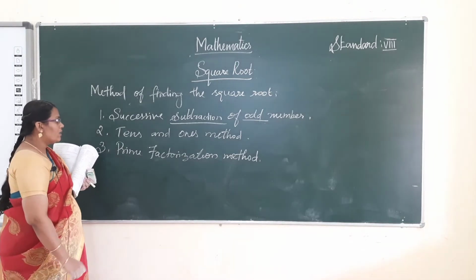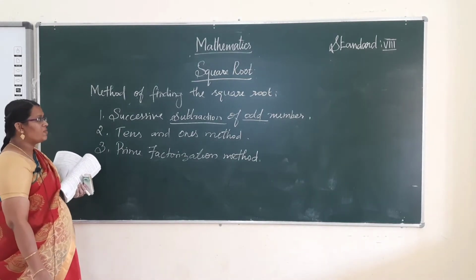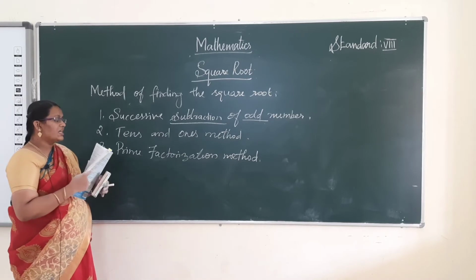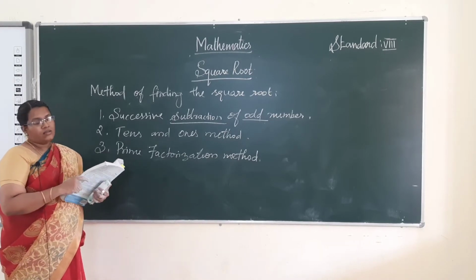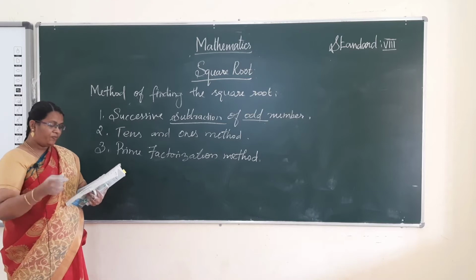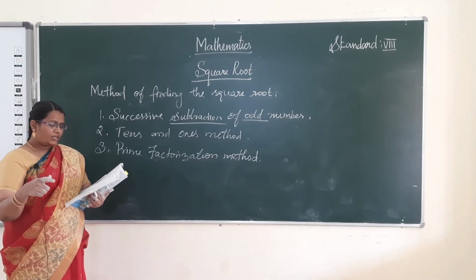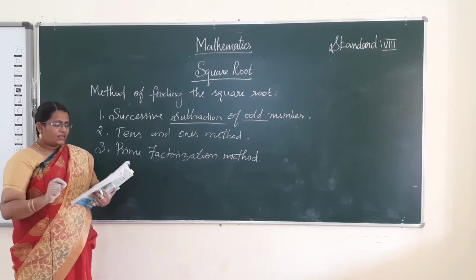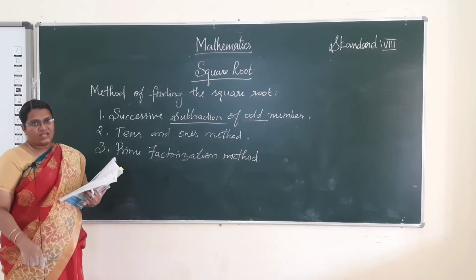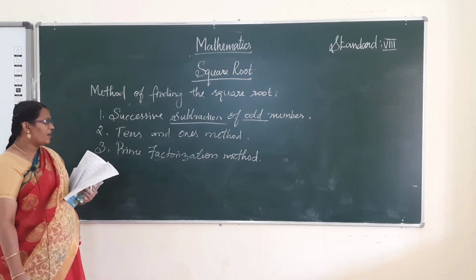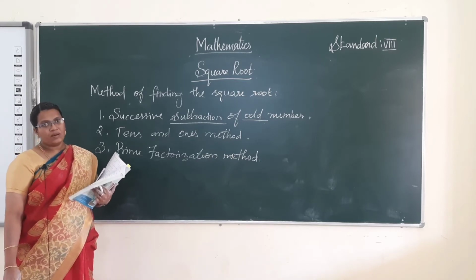And the next one is the tens and ones method. Here we look at the ones and tens places. The ones digit 1, 4, 5, 6 or 9 is possible for square values. And the prime factorization method uses the prime numbers.